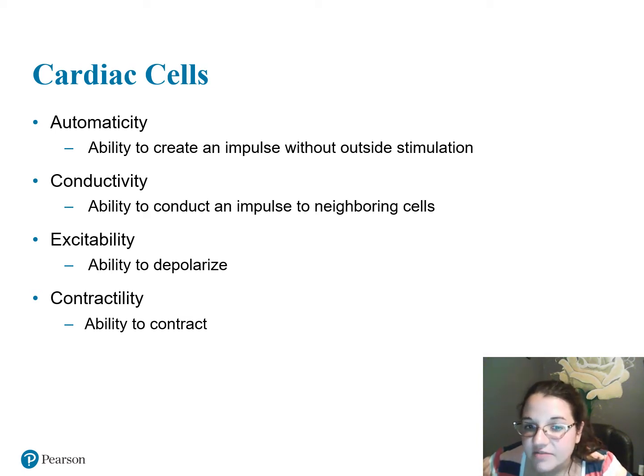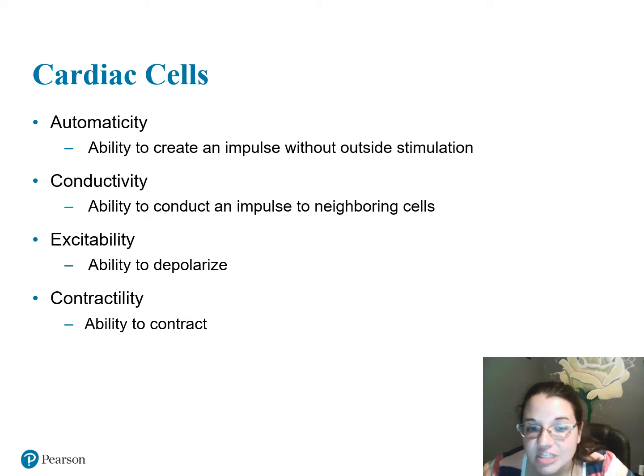The conductivity is that conductive line. I'm giving my spark, my impulse, from one cell to the next. I did not create it. It was just passed to me, so I'm passing it to you. I'm paying it forward. That's your conductivity cells: the ability to conduct an impulse to neighboring cells.